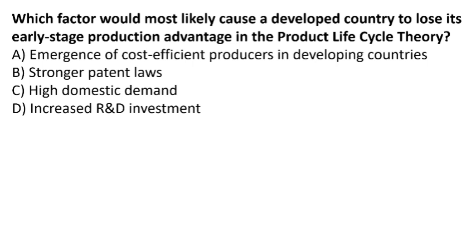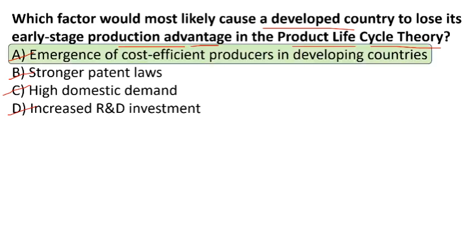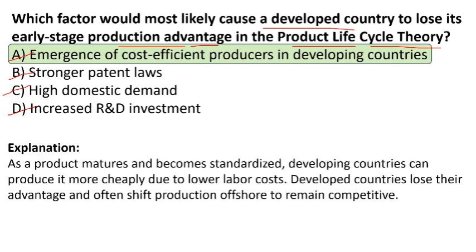Which factor would most likely cause a developed country to lose its early-stage production advantage in the product life cycle theory? Emergence of cost-efficient producers in developing countries, stronger patent laws, high domestic demand, or increased research and development investment. So that is emergence of cost-efficient producers in developing countries, right?